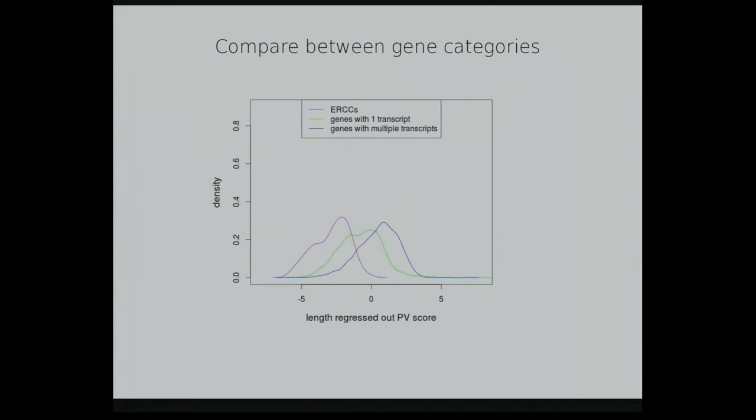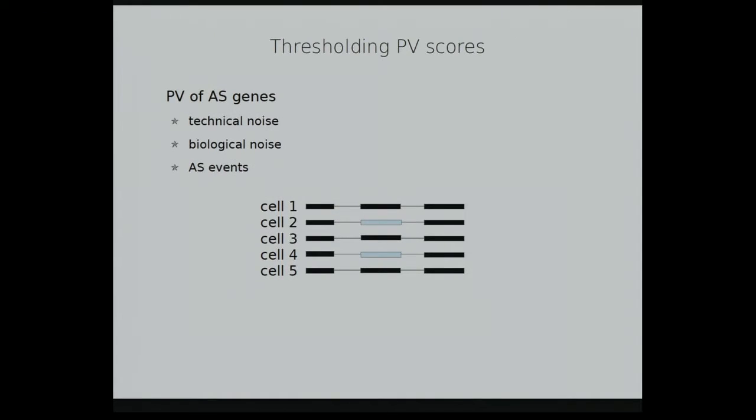we wonder, since we know that the PV score is contributed by technical and biological noise, that the PV score of an actually alternatively spliced gene would be contributed by technical noise, biological noise, and alternative splicing events.